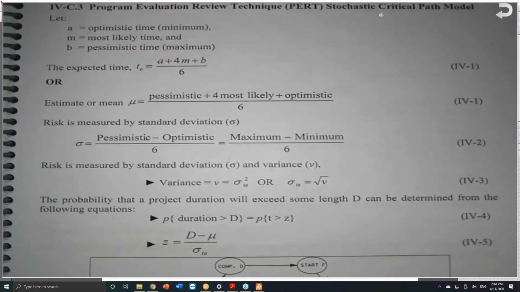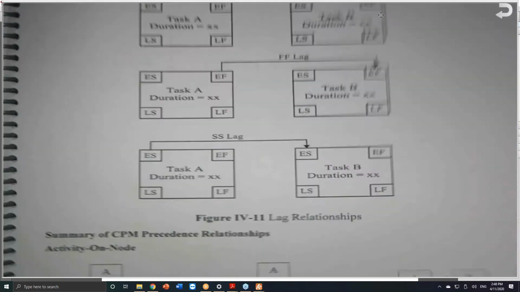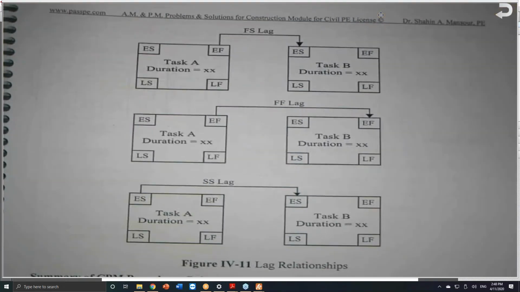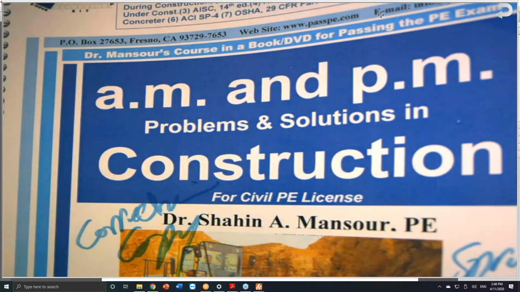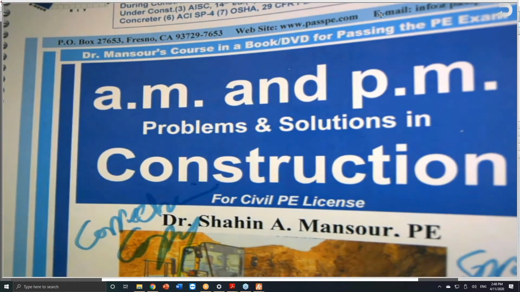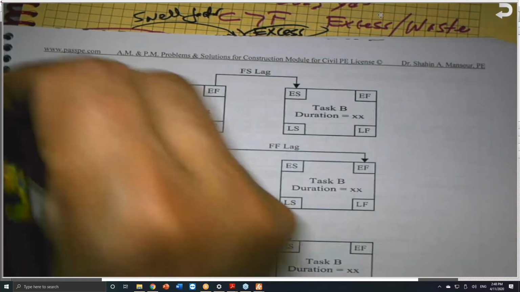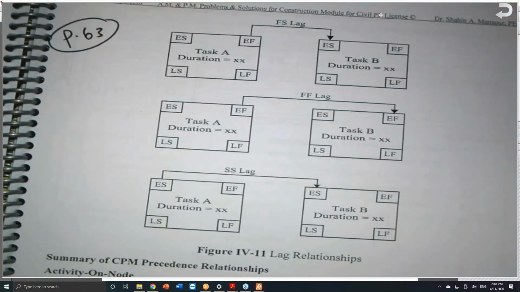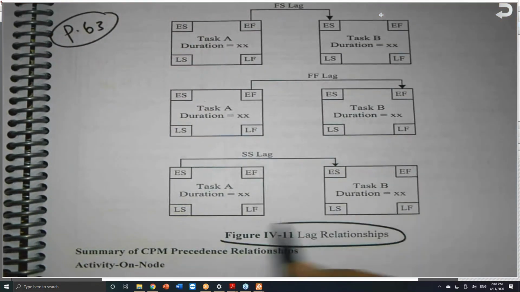And again, this is for the construction group. In the AMBM book, book number 2, construction, on page 63, just to save time, I need to use my diagrams for lag relationships.